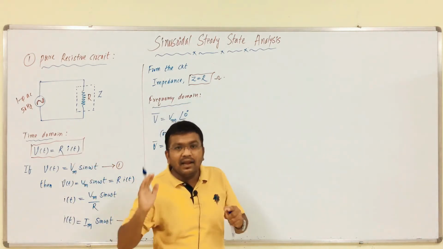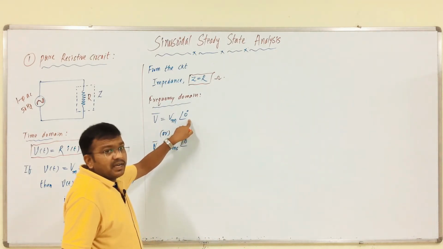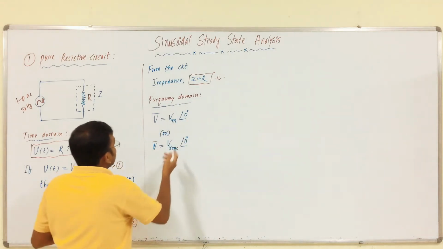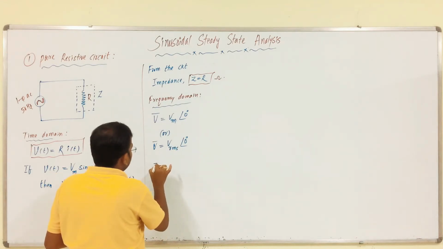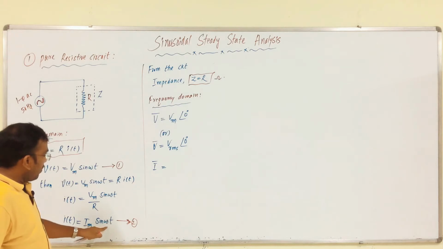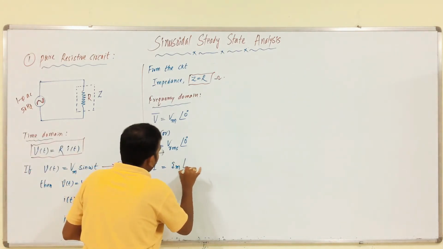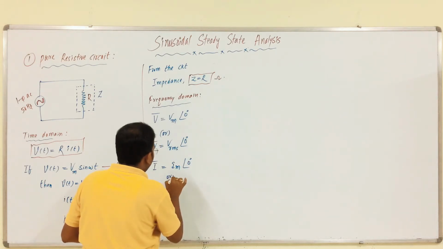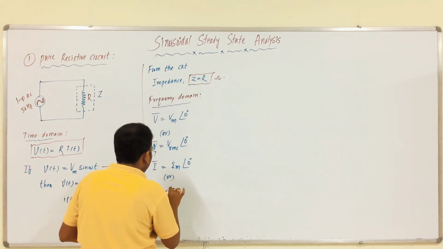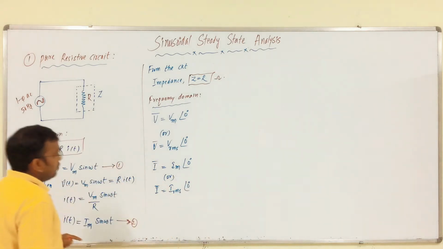Magnitude at an angle theta. Clear? So, I equals Im sin omega t plus 0, that is Im at an angle 0, or you can write I RMS at an angle 0. Okay.